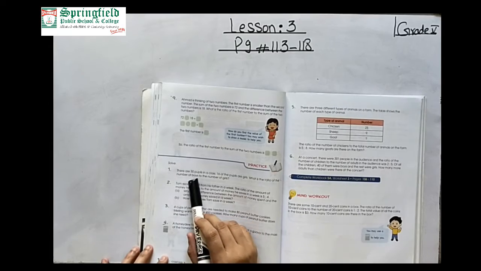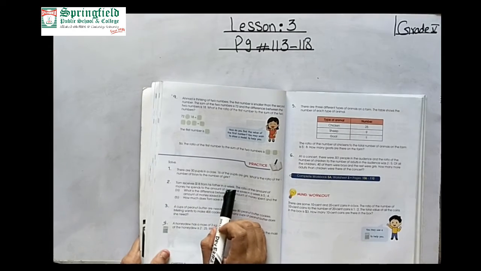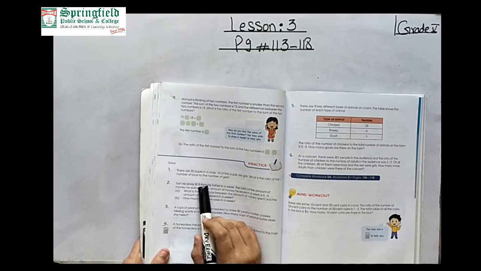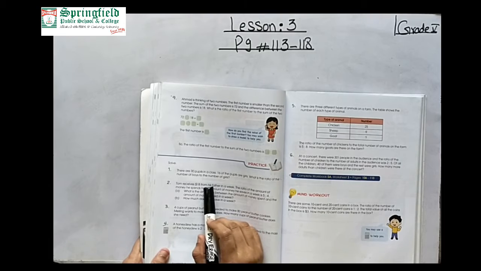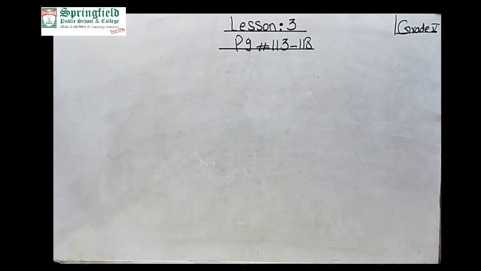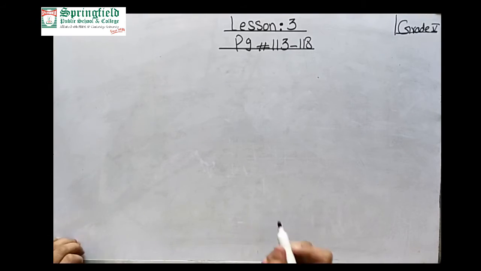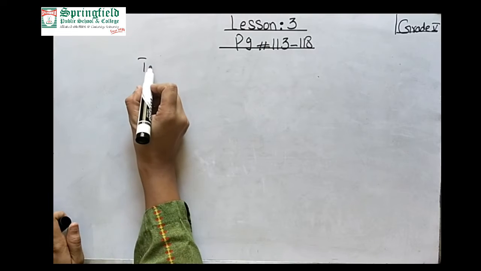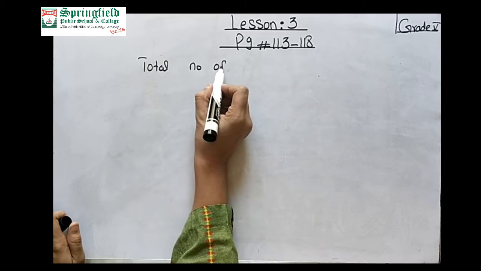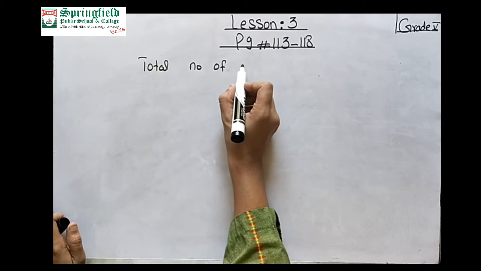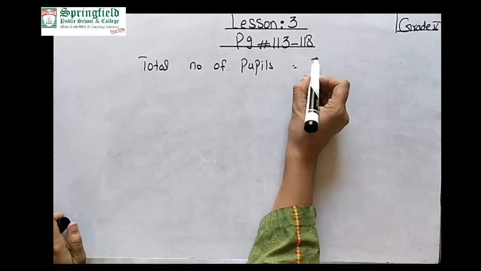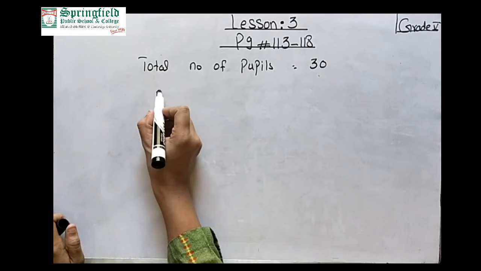And there are 30 pupils in the class. 16 of the pupils are girls. So how many boys are here? First we will find the number of boys, and then we will write the number of boys to the number of girls in ratio form. So the total number of pupils is equal to 30.